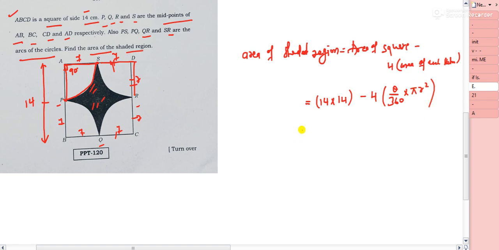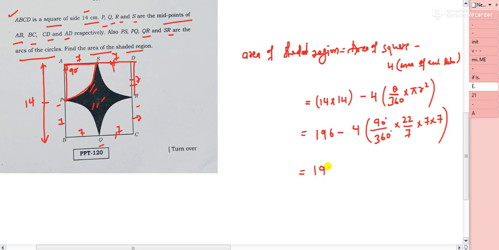square, correct? So 14 into 14 is 196, minus 4 into what is theta? It is 90 degree, divided by 360 into 22 by 7 into radius is 7 square. So I'll write 7 twice.